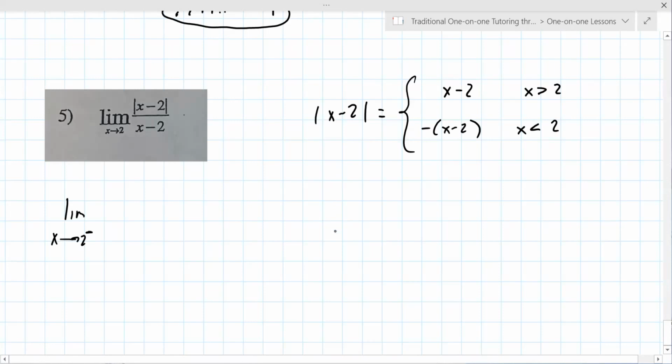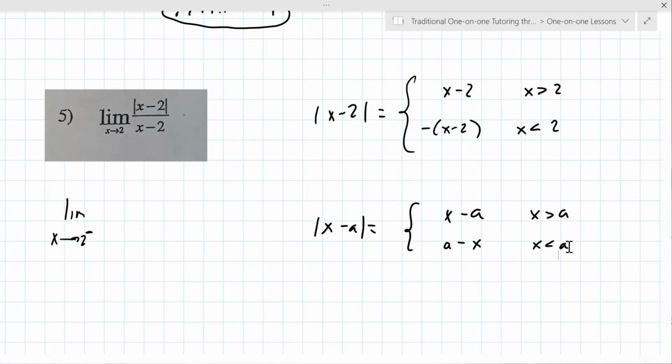If it's absolute value x minus a, it's always x minus a for x greater than a, and then this simplifies to a minus x for x less than a. Okay, it's something we have to know. So then you're using 2 from the negative, because that equation right here is minus parentheses x minus 2.